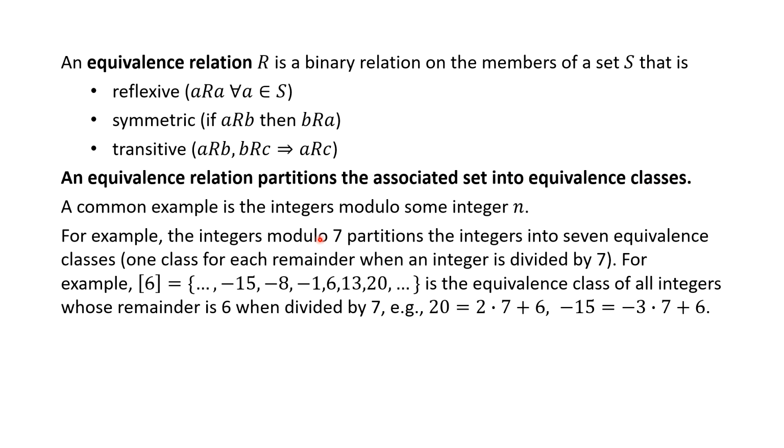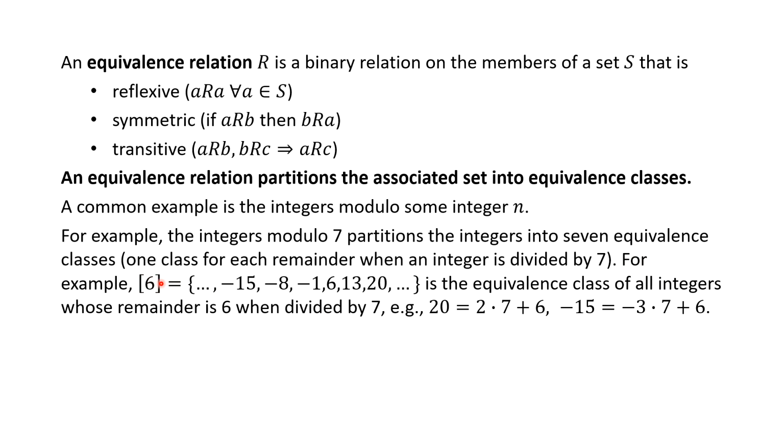A common example is the integers modulo n. So for example, if we take the integers modulo 7, that partitions the integers into 7 equivalence classes, one class for each remainder when an integer is divided by 7. And we write it like this for the equivalence class.